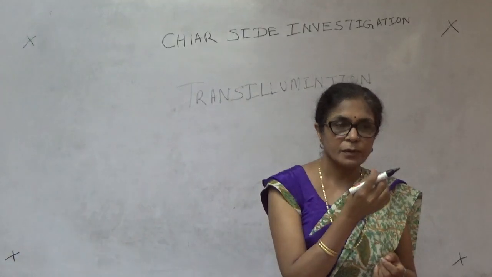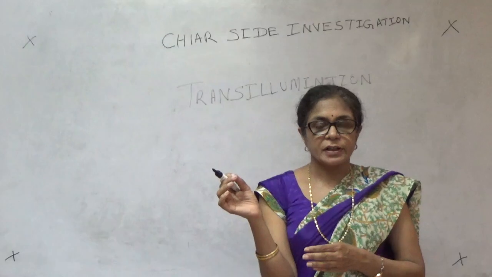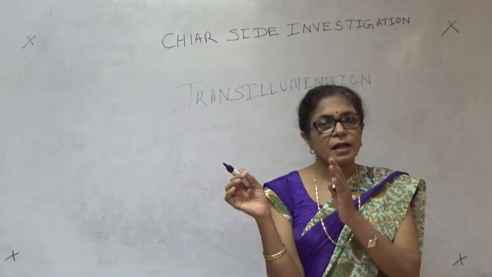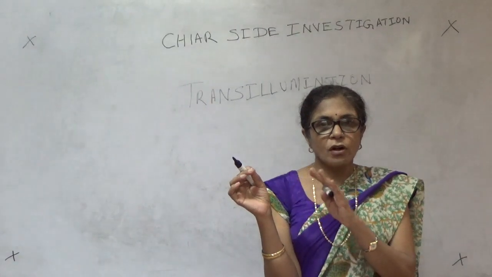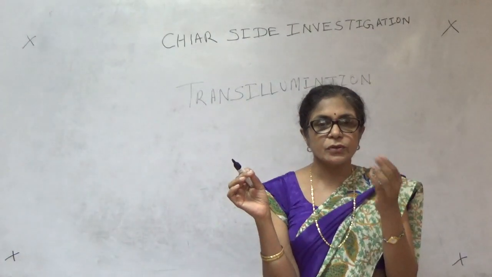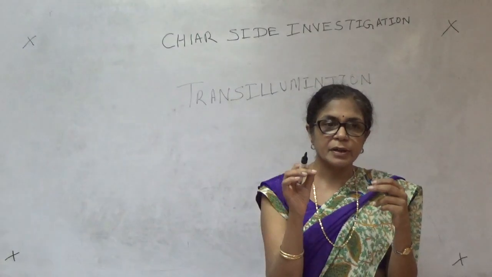We put on the affected teeth and then on the non-affected teeth of the same side, and you can also use the other side. And if you are not very much confirmed, then you can use the other maxilla or mandible.